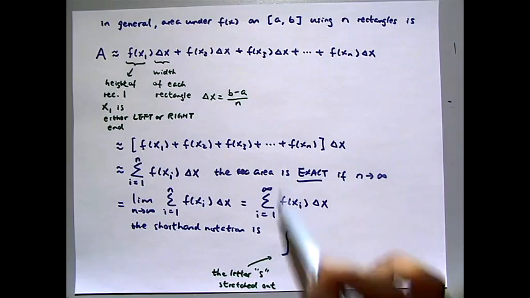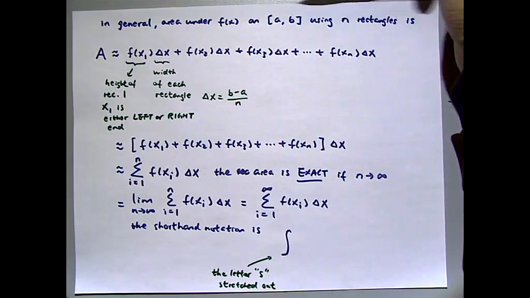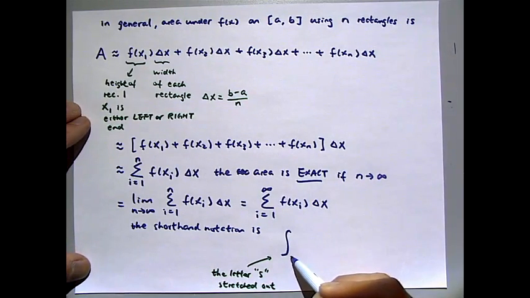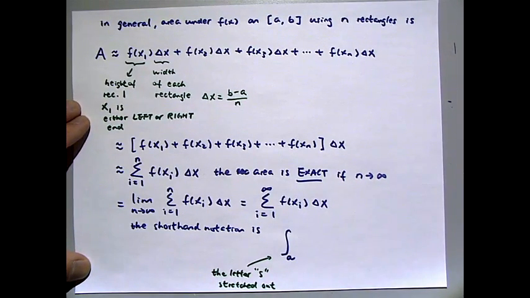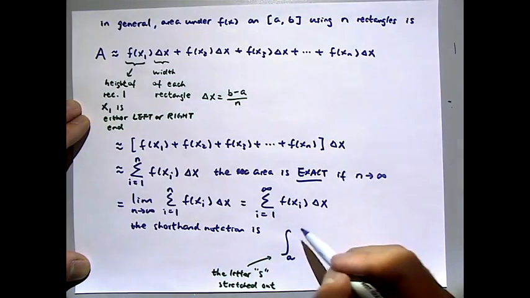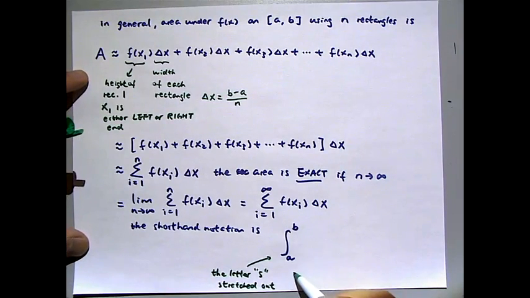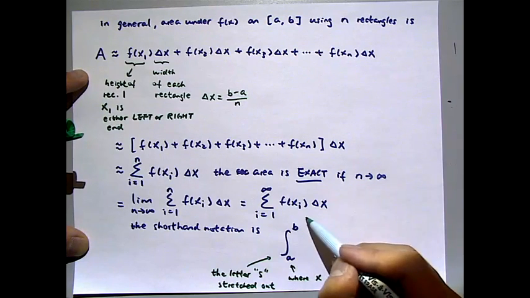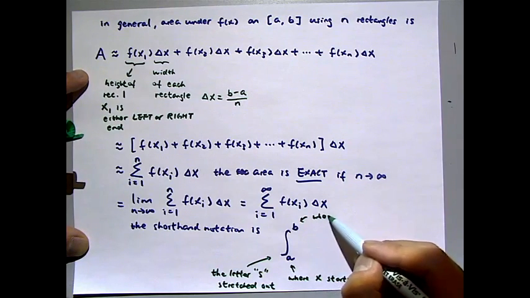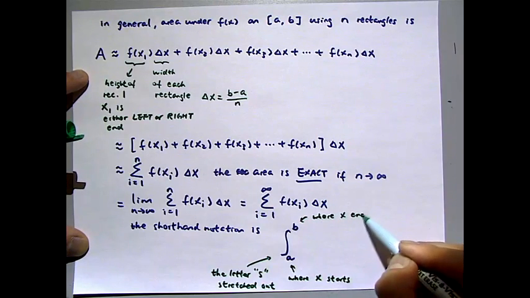Now, instead of counting rectangles, now we just note where we start. We start at x is equal to a, so I put it near the bottom of that. We end at x is equal to b. This is where x starts, where x ends.